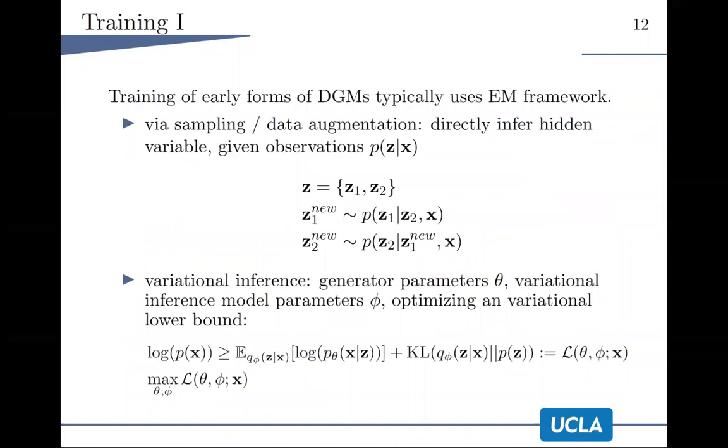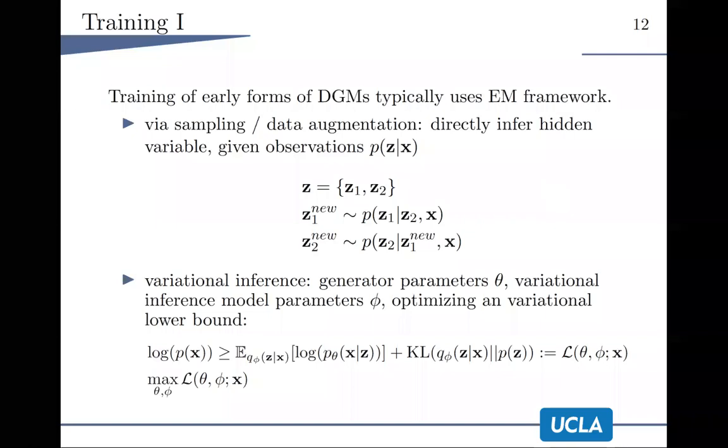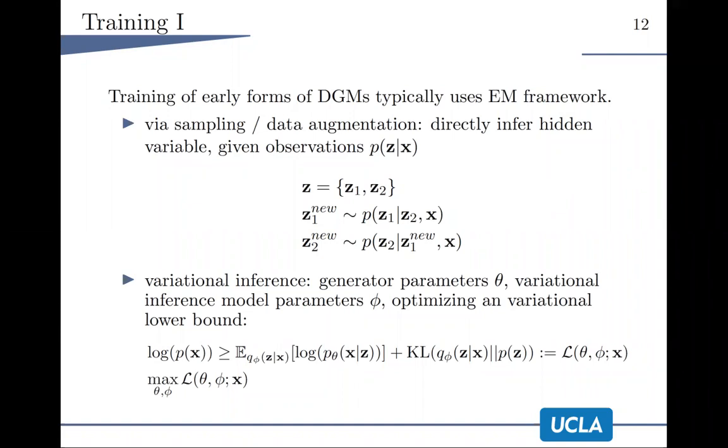And something more about training. The training of the early forms of the deep generative models typically uses some EM style framework. We're going to talk about three ways of doing this. The first way is to do it via sampling and data augmentation, which directly infers the hidden variables given the observation.